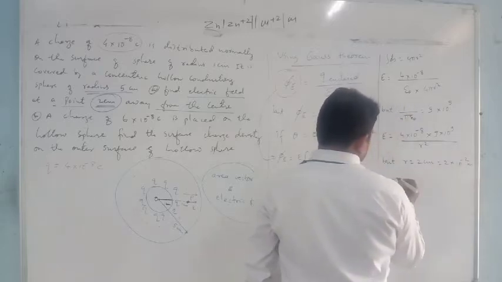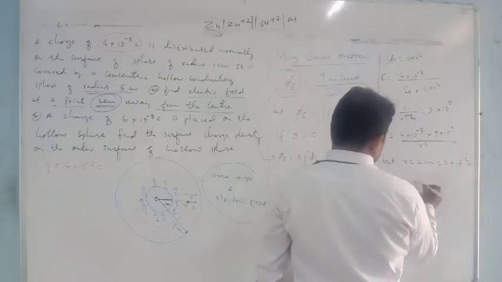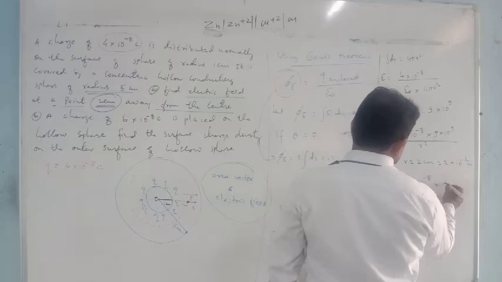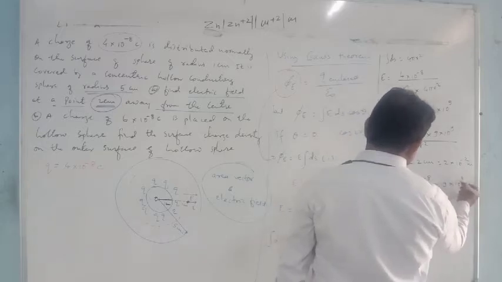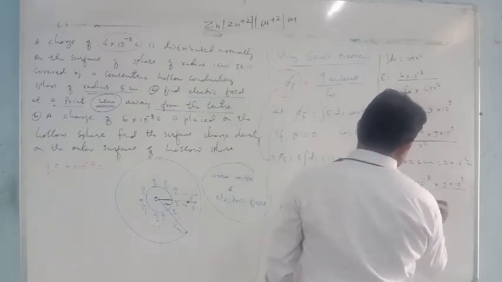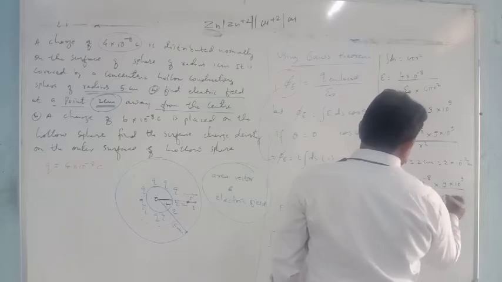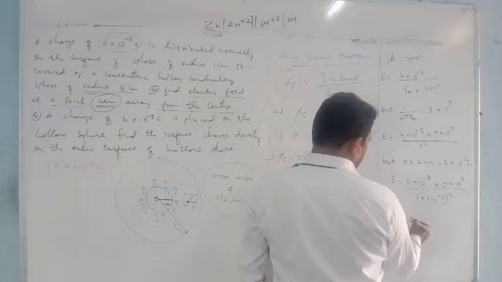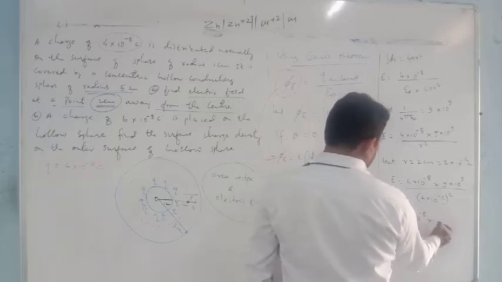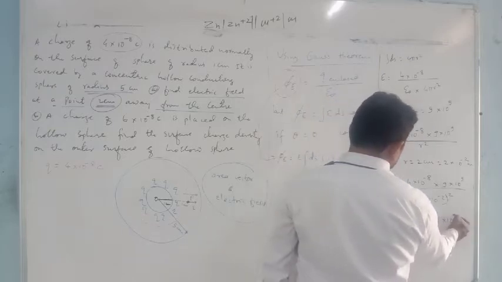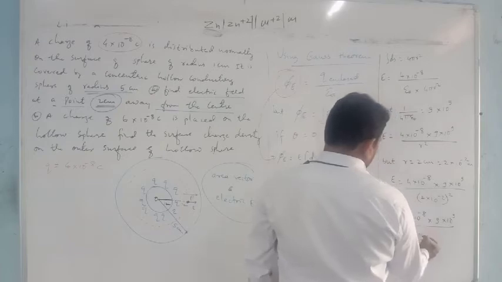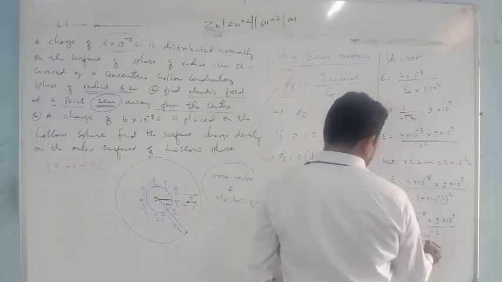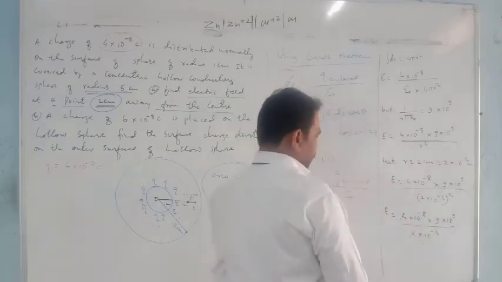So therefore E is equal to 4 into 10 to the power minus 8 multiplied by 9 into 10 to the power 9 upon 2 into 10 to the power minus 2 whole square. So this becomes 4 into 10 to the power minus 8 into 9 into 10 to the power 9 upon 4 into 10 to the power minus 4. So 4 gets cancelled.